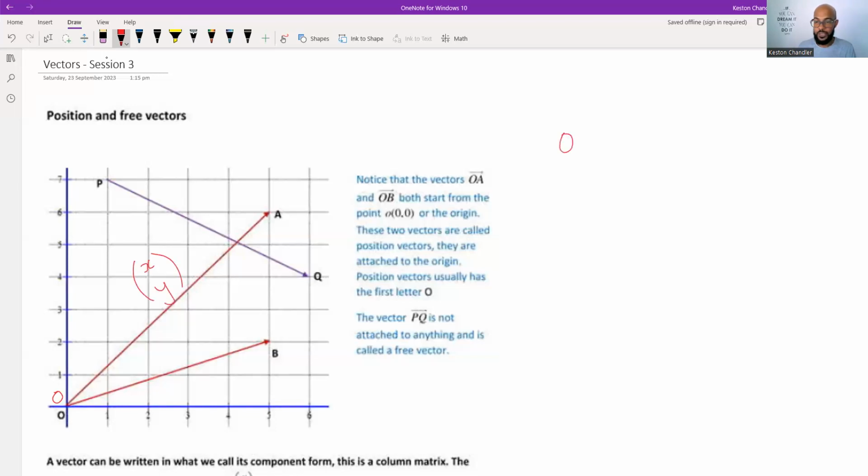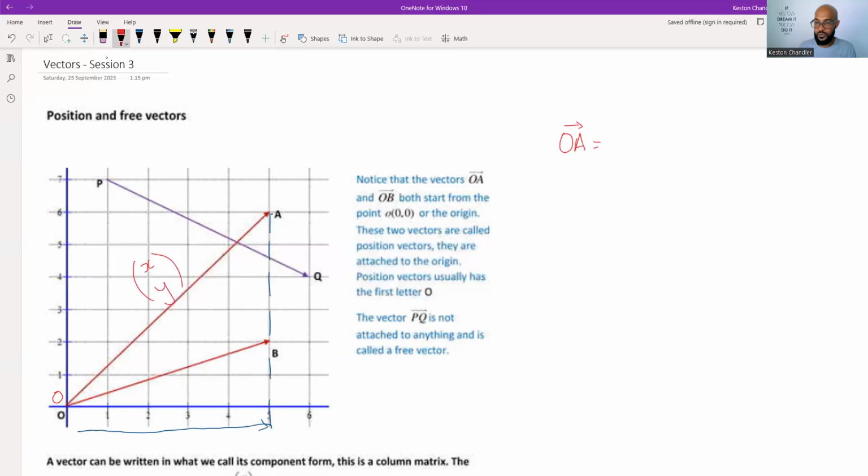So OA, because it's on a graph, we could actually check. It starts at O, and to get to A, if I use a different color here, look at this. If I just drop down, it stops at 5. So 0 to 5 is 5 units across.